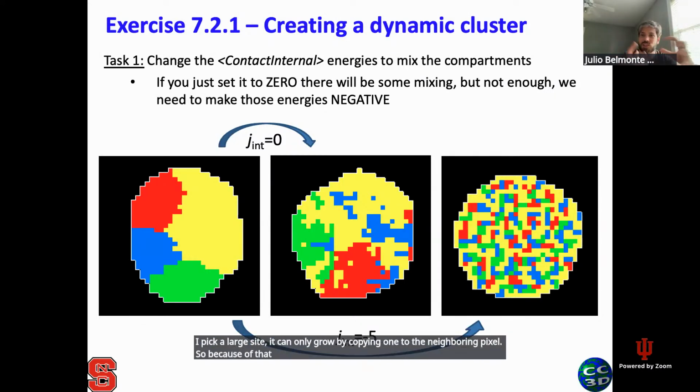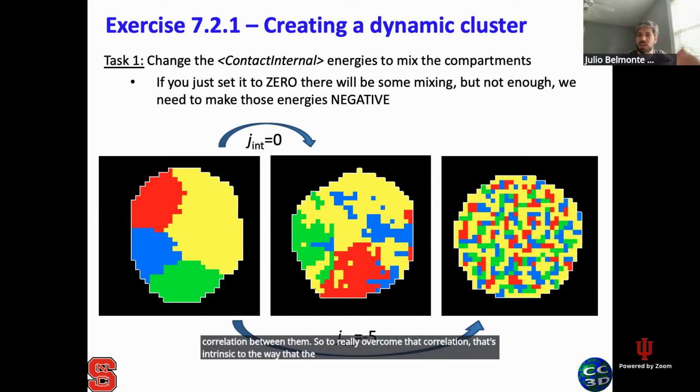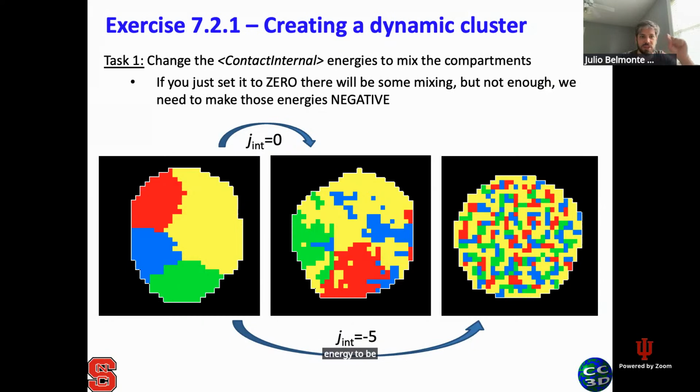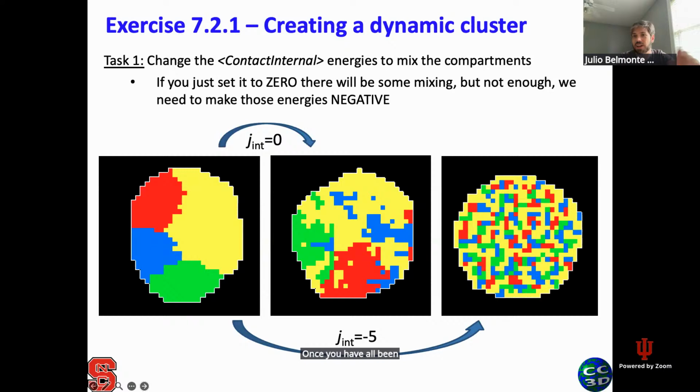Because of that, there is still some kind of pixel to pixel spatial correlation between them. To really overcome that correlation that's intrinsic to the way that the lattice sites are updated in the cellular Potts model, you have to actually force that a little bit by making the energies negative. So for me, when I choose -5, I got a really good mixing. But as you have all been showing, a negative energy of -2 is already good enough to induce that.